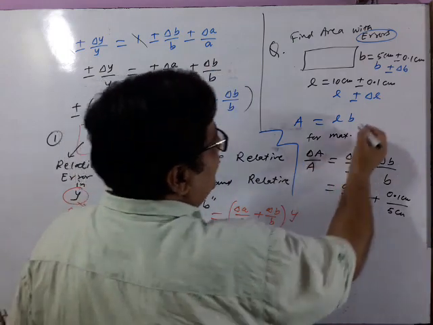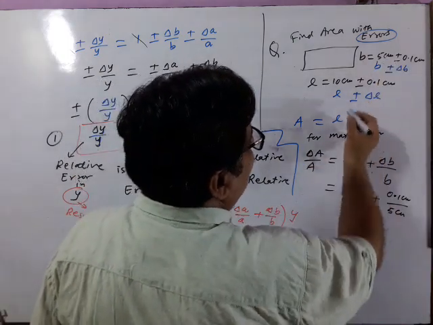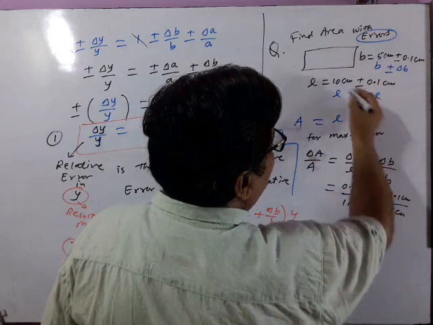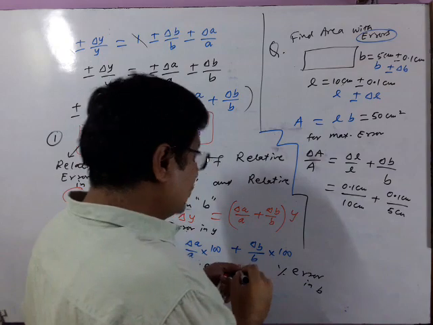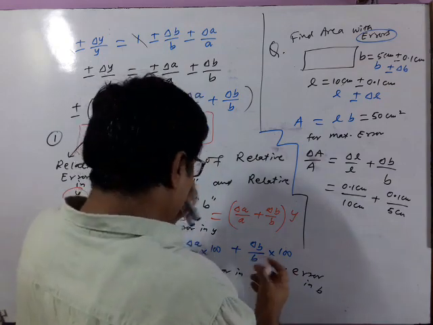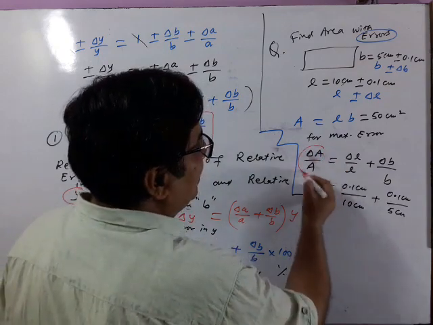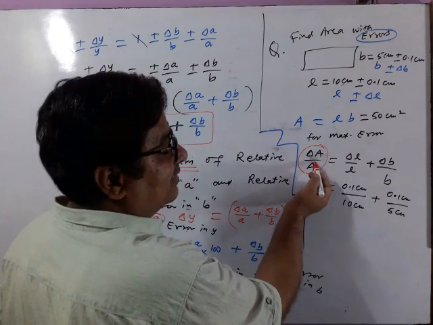Now what is area? You know it is easy to find. Length is 10 and B is 5, 10 into 5, it is 50 centimeter square. So what do you want to find? If you are finding relative error, answer is over. This is the relative error in area.